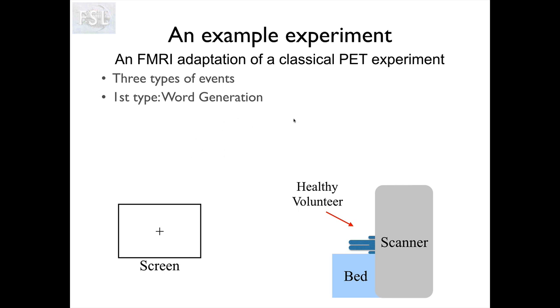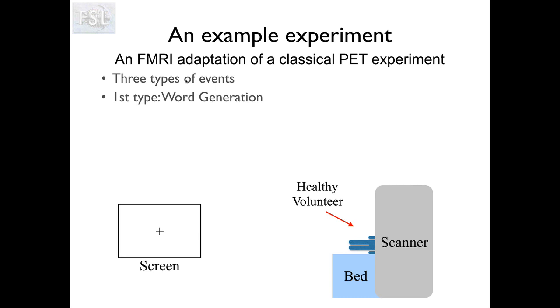The PET experiment has been modified for the MR scanner: instead of overtly saying words, which is always problematic in an MR scanner, the subjects are instructed to just think the words in their head, not saying anything.